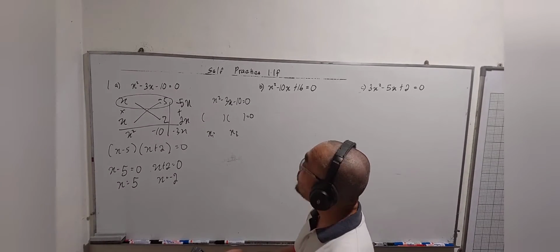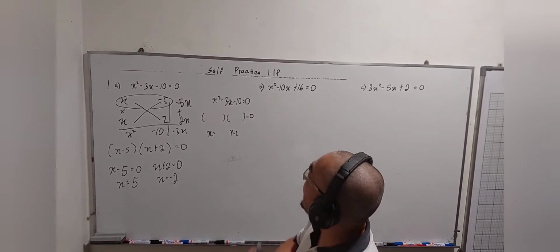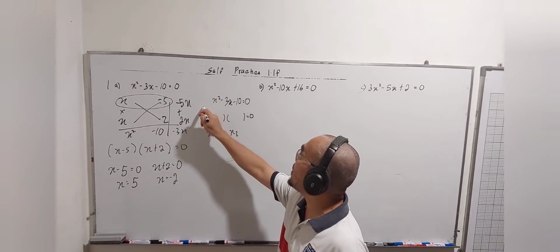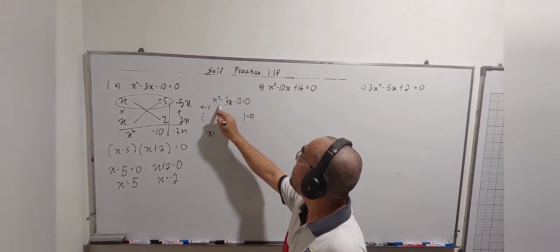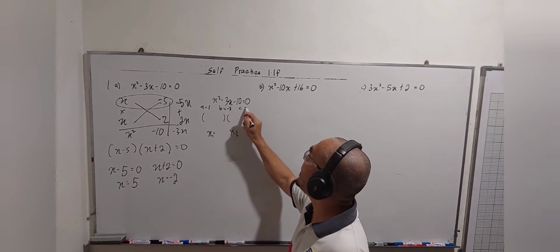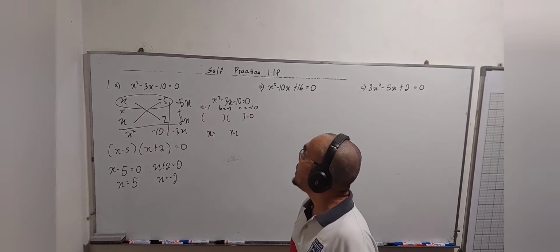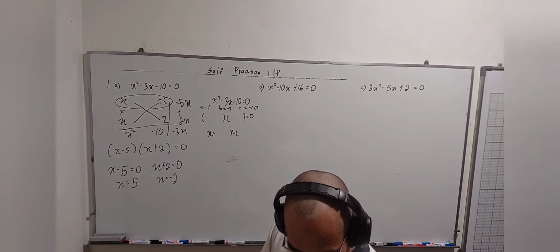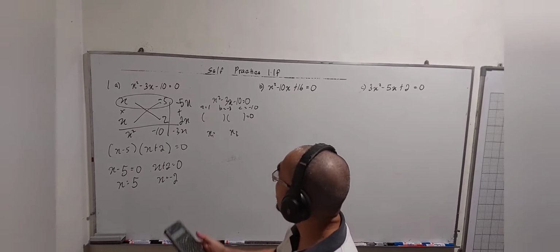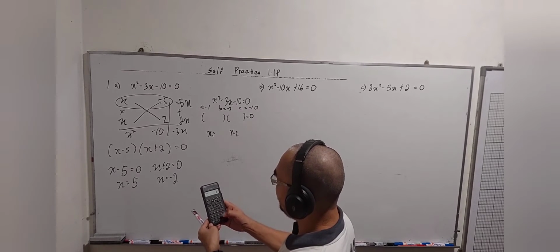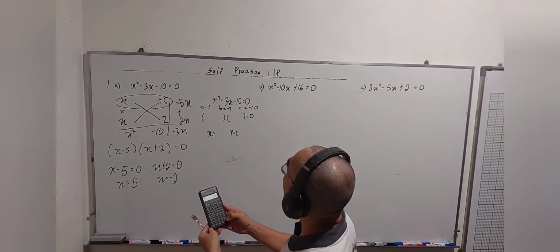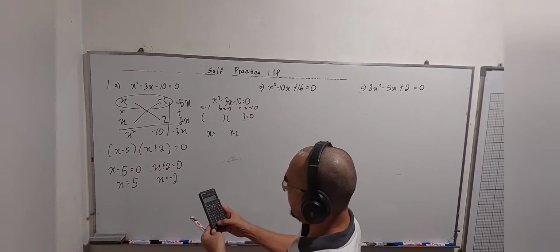Then they ask you for A. What is A? A is the coefficient of x squared. So A equals 1, so 1x squared. B is negative 3 and C is negative 10. Then you insert the values: A equals 1, B equals negative 3, and C is negative 10.